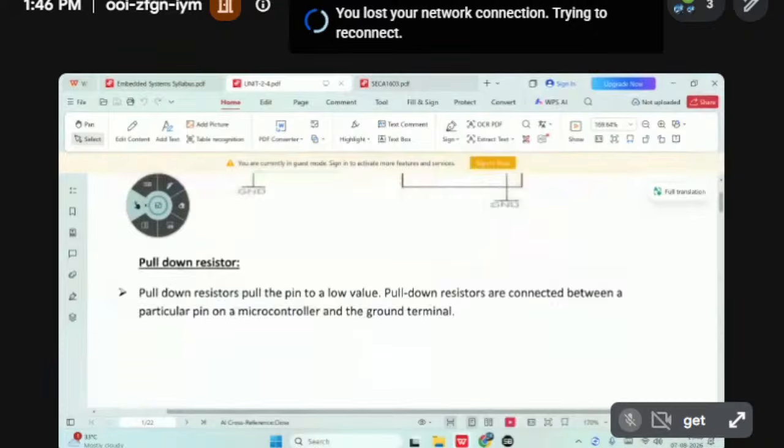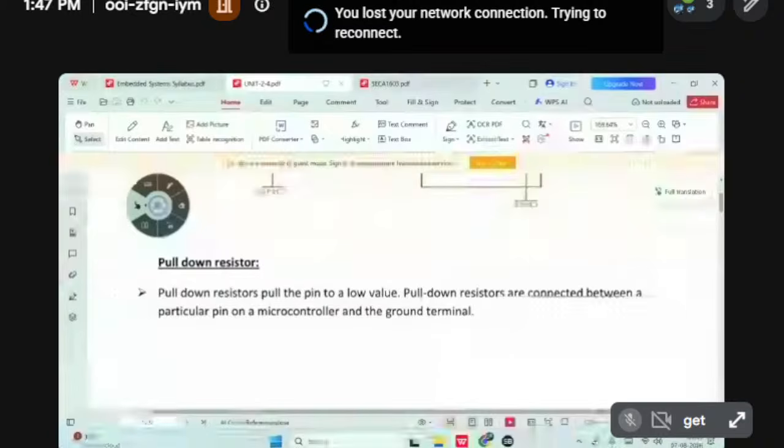To control that, we should give the connection to the ground terminal. So this pull down resistor should be used between the microcontroller and the ground terminal. For what purpose?